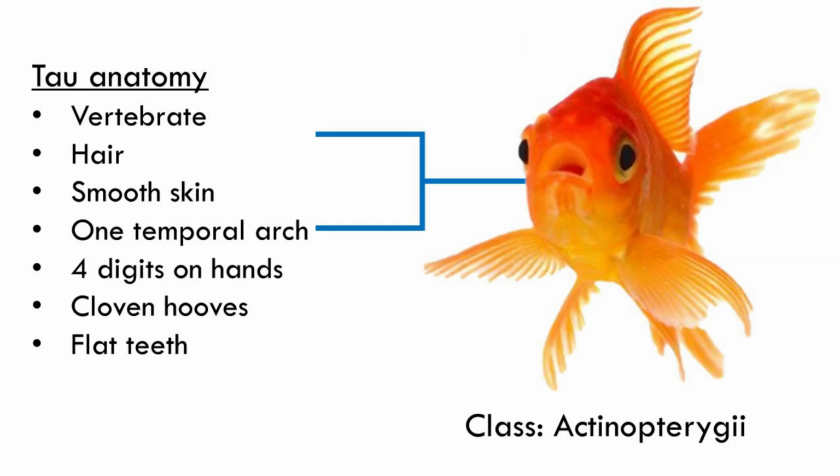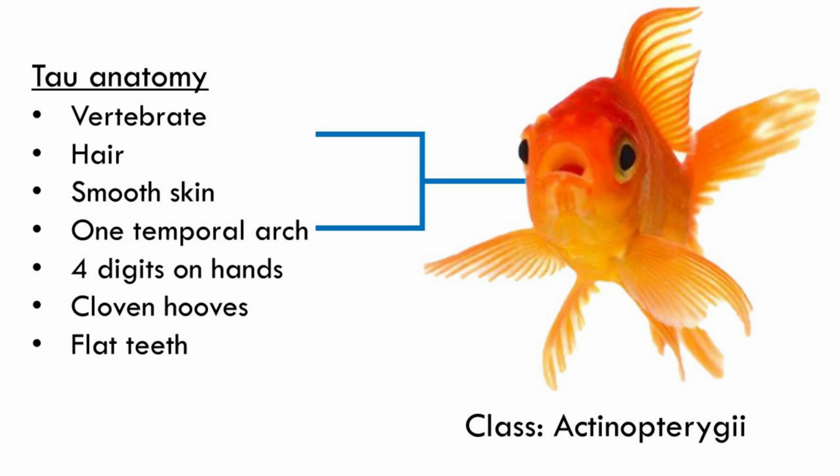All right, so sticking just with the anatomy we can observe on the official tau models, we can start to evaluate how well tau fit into some of the groups that people often associate them with. One of those is fish. People call tau fish people sometimes, and so we can look at this list and see how well they fit into the class Actinopterygii, which is the ray-finned fishes, so things like goldfish or walleye.